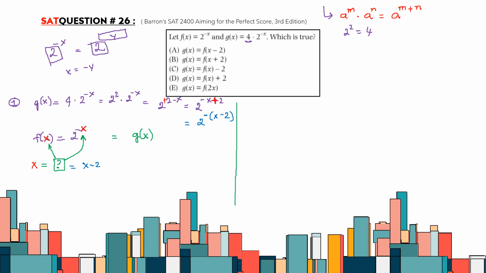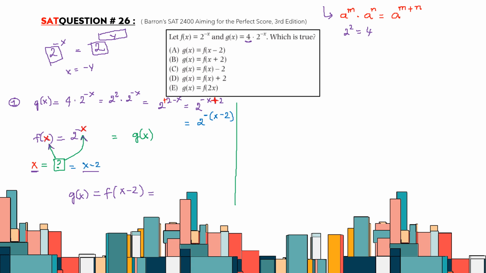So we rewrite this one more time. You will have g of x equal to f of x minus 2. Remember, the red x equals x minus 2. Now I just plug that in here and here.